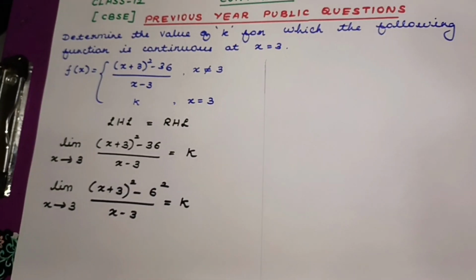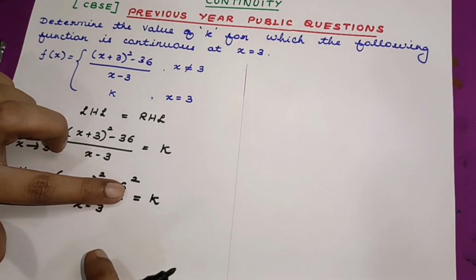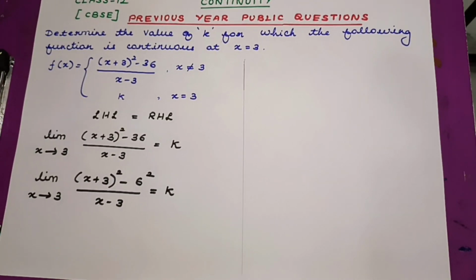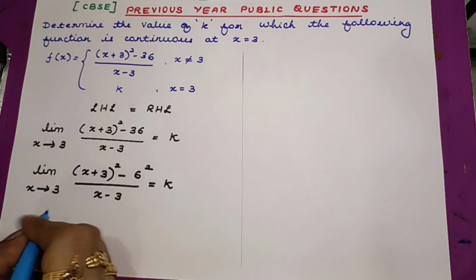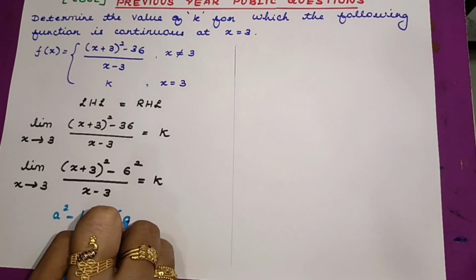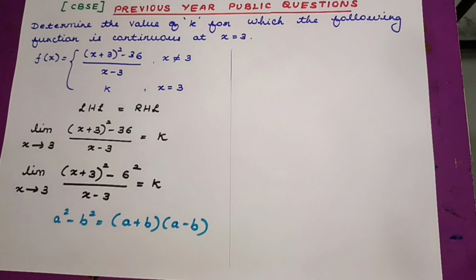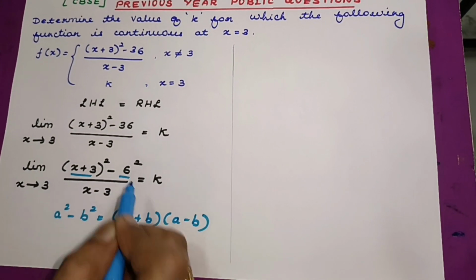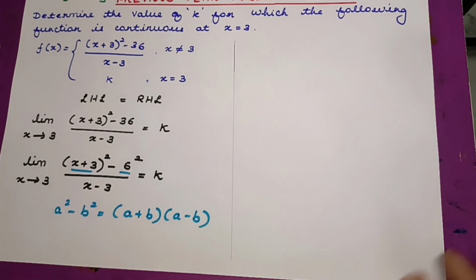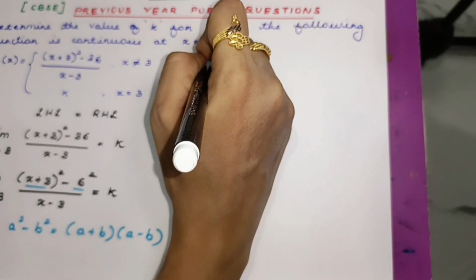Let us consider this as a square and this as b square. What is the formula for a square minus b square? It is (a plus b) into (a minus b). So we write this in that model.